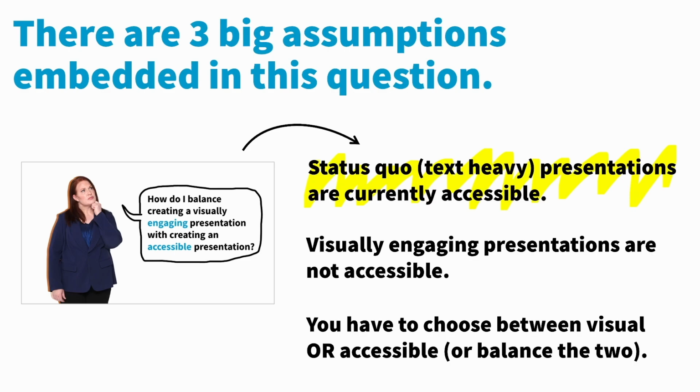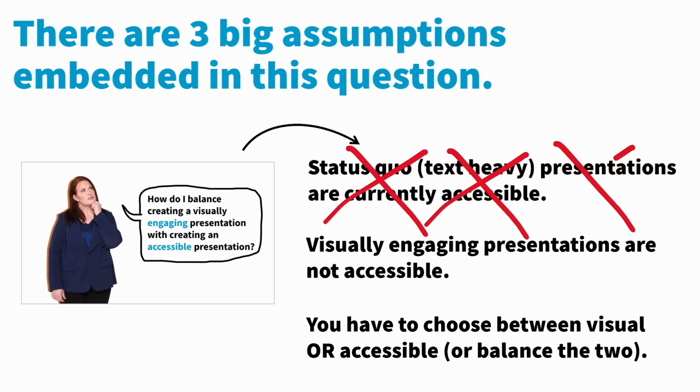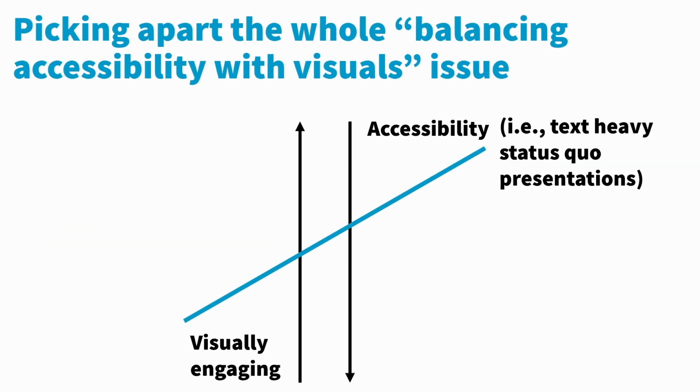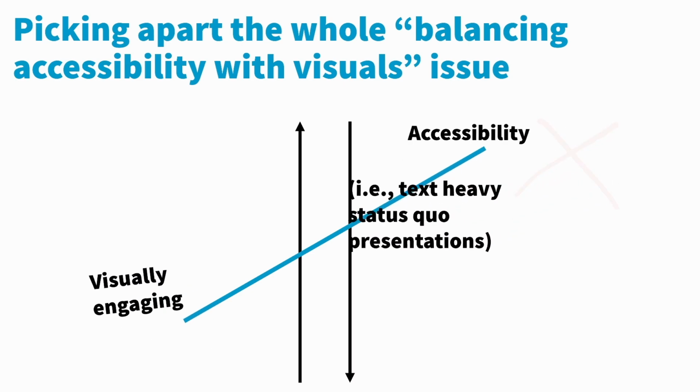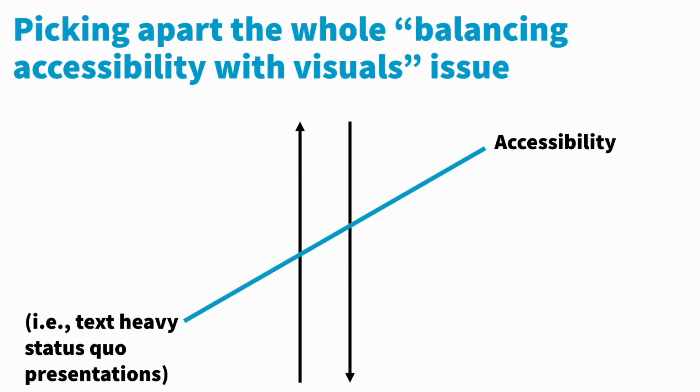Well, I really hope after all this time that you are fully convinced this could not be further from the truth. And that means we cannot equate accessibility with text-heavy in this visual model we have here of the seesaw. And that in fact, it's the text-heavy status quo presentations that are the opposite of accessibility.